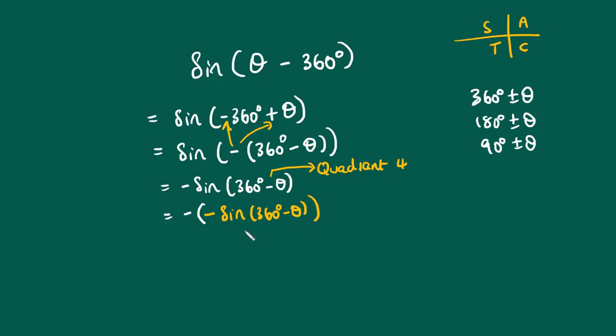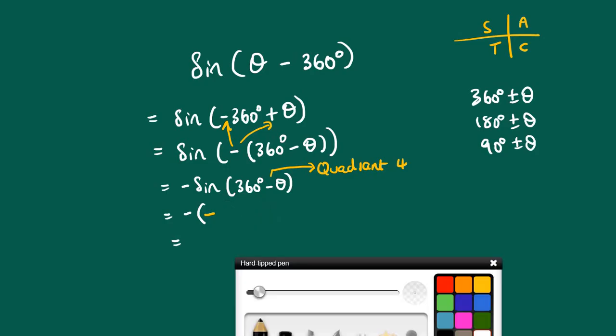Just don't forget to use your brackets. Then this negative and that one are now multiplied because there's a bracket in between. Negative times negative is what? It's positive. So your final answer is going to be, ooh, sorry, you see the mistake we made there? It is supposed to be what?